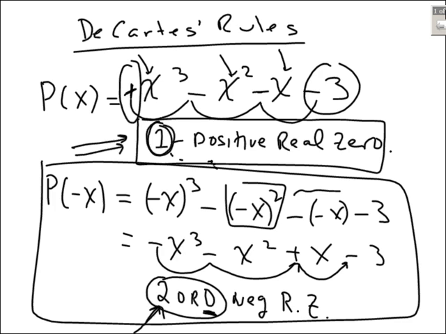Okay, so why don't we use this information about sign changes and number of positive and negative zeros to actually help us in a problem. Okay, suppose you're given the polynomial.